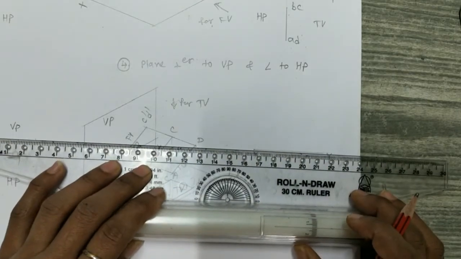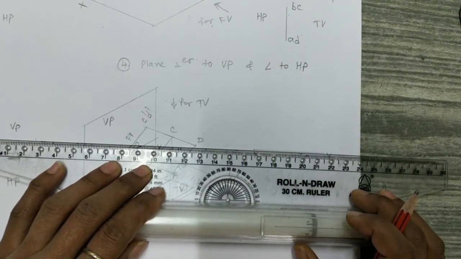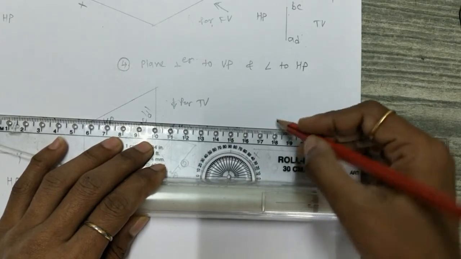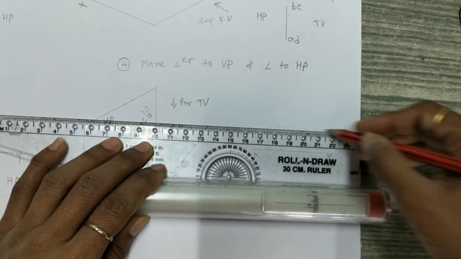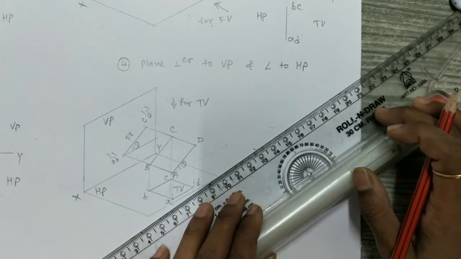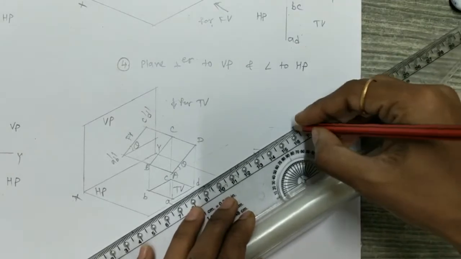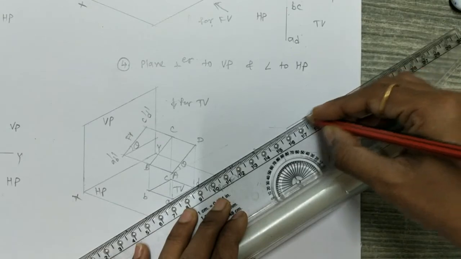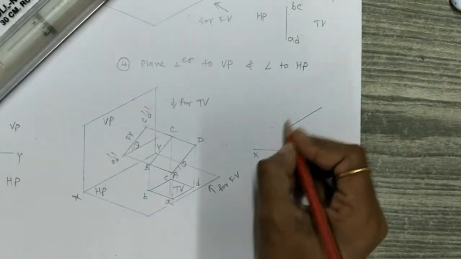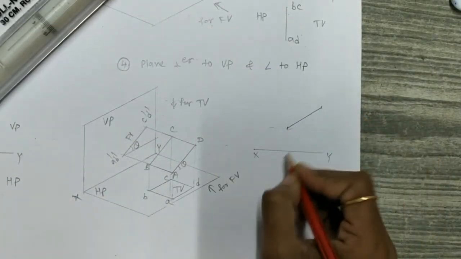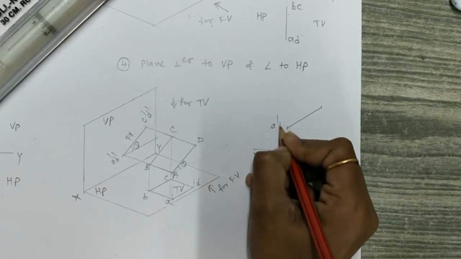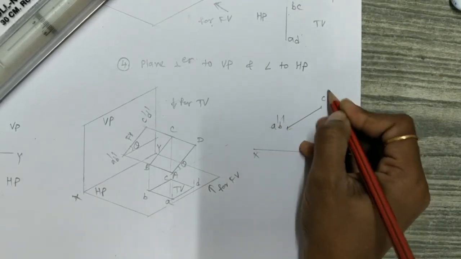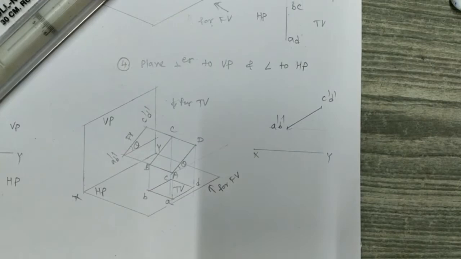So draw a line which is inclined. Like this. This is points A dash, B dash and C dash, D dash.